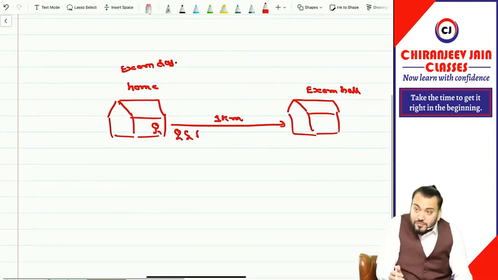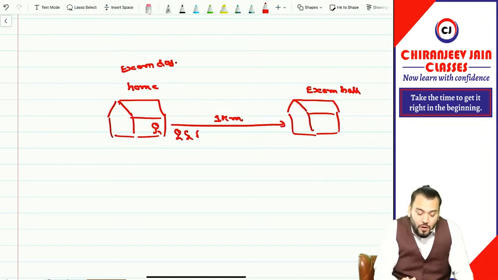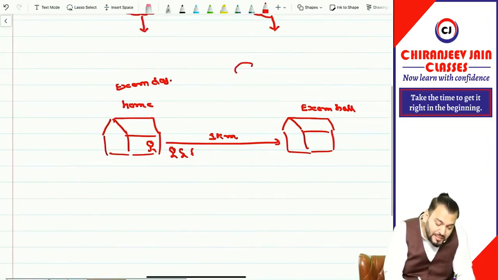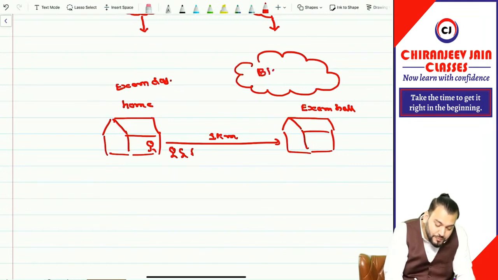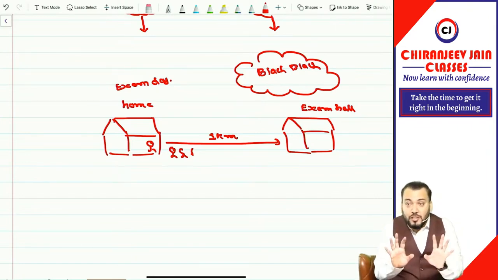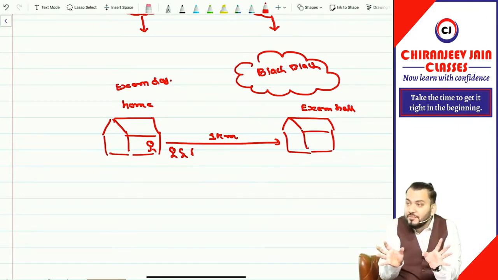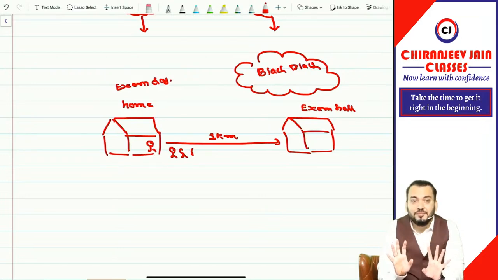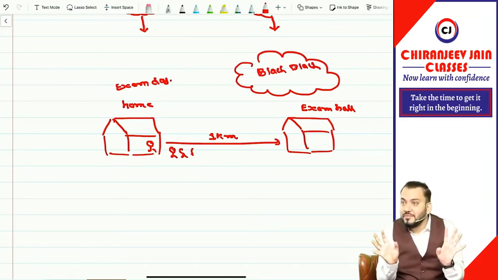But what happened? The moment you started for the exam hall, you observed that there is a black cloud, some clouds appearing in the sky.